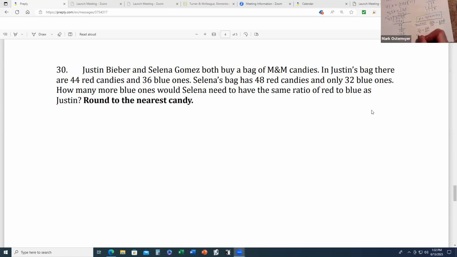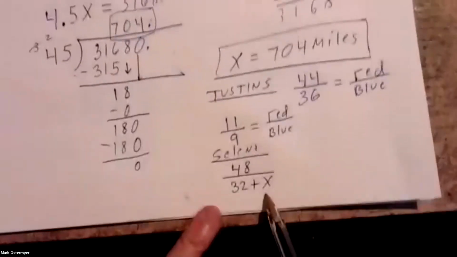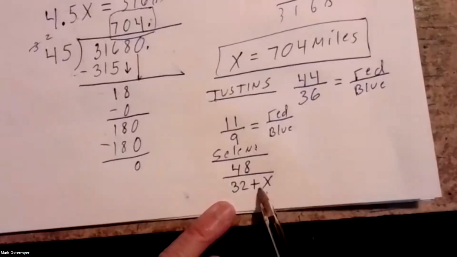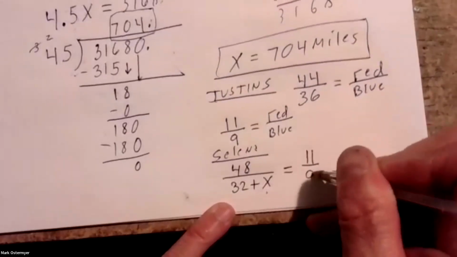So her ratio is 48 red to 32 blue plus X more blue. We want this ratio to be equal to Justin's ratio, which is 11 to 9, true? We have to solve for X now.